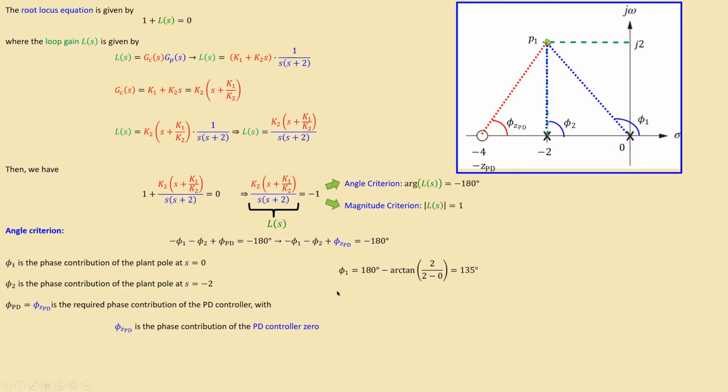Now the phi 1 can be calculated easily using geometry here. What we want is, of course, this phase. If I want to calculate this phase angle here, I can say the half circle is plus or minus 180 degrees, and I can then subtract this angle.